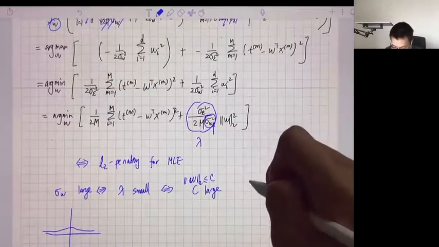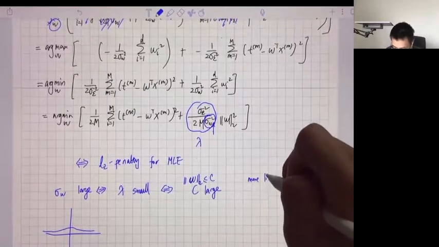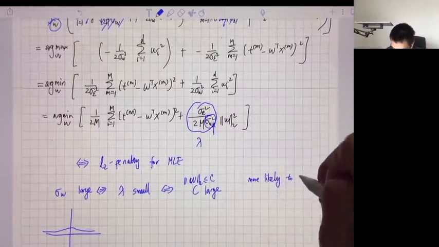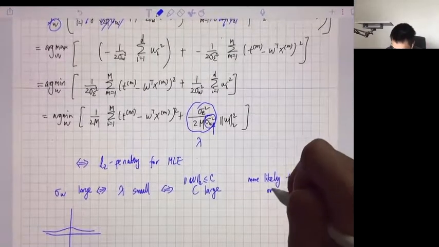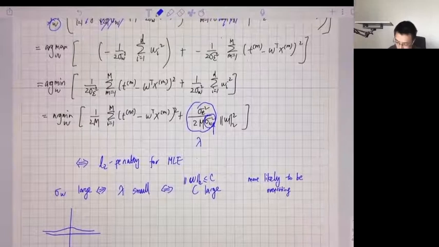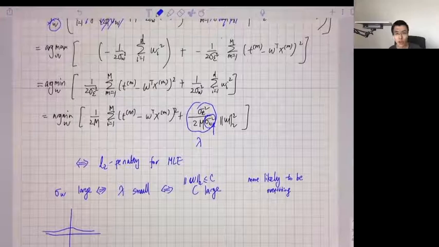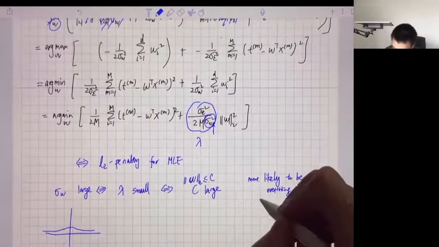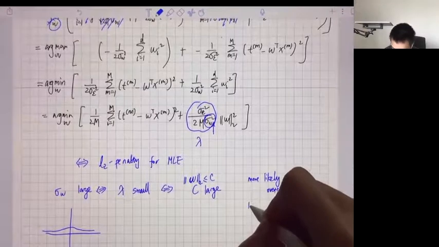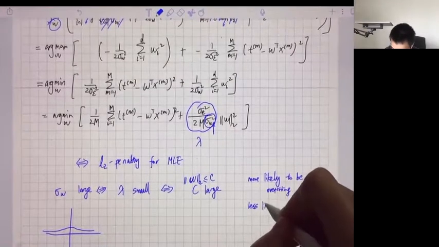And in this case, it's more likely to be overfitting. Okay, because you have less penalty, you have no prior information, and you have a relaxed constraint. Your constraint is very mild and so it is less likely to be underfitting.